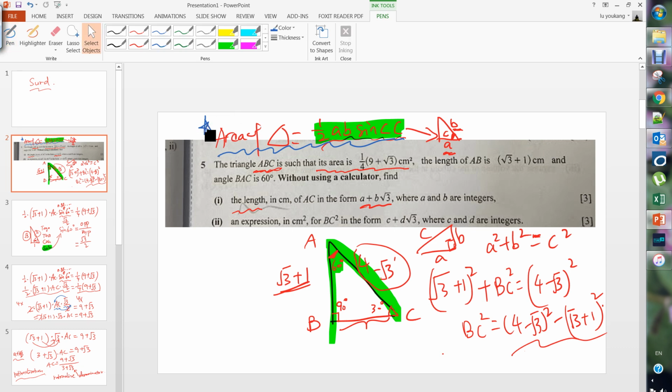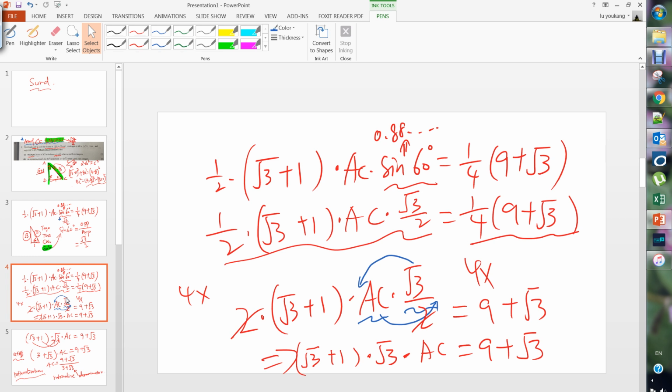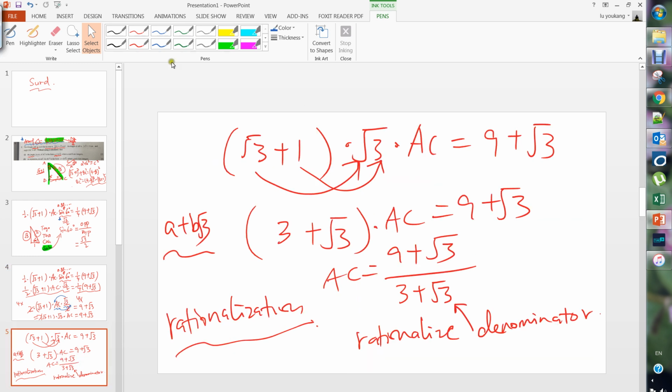And next, you need to be able to see that sine 60 is square root 3 divided by 2, by using this special triangle in this case. And then next, you need to be able to do rationalization.